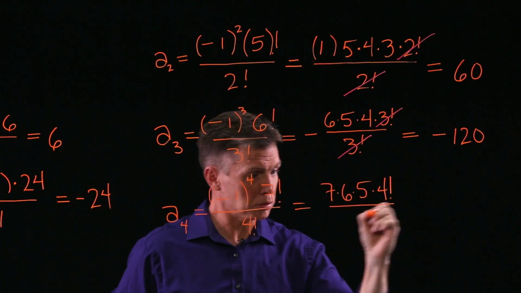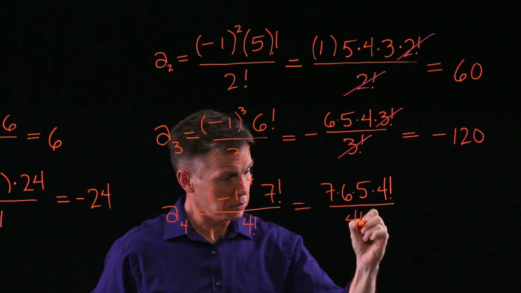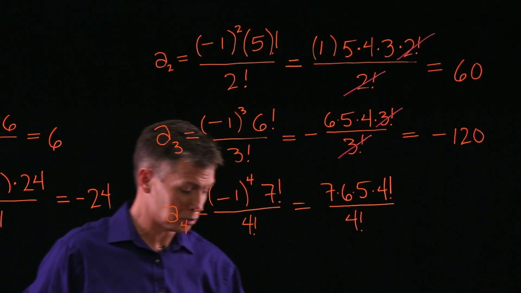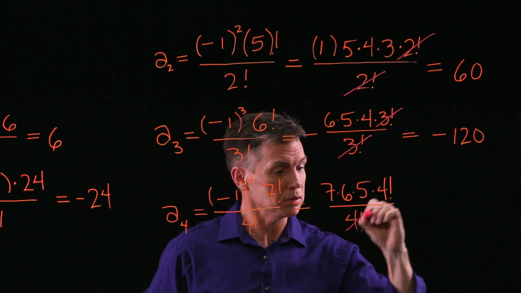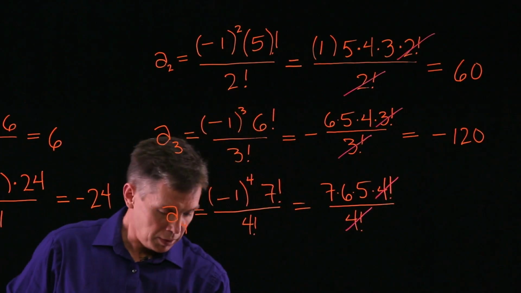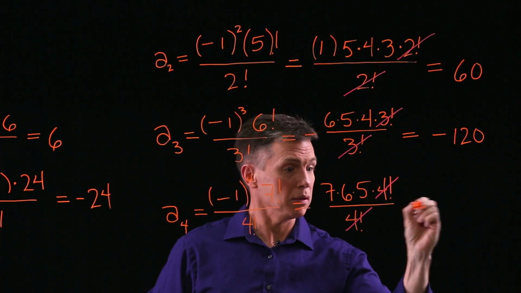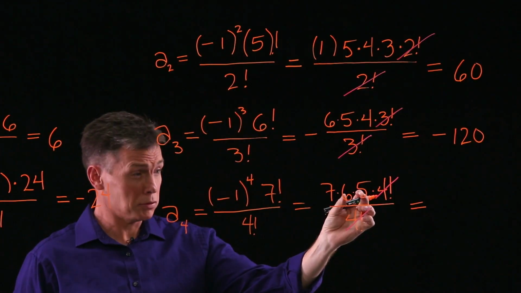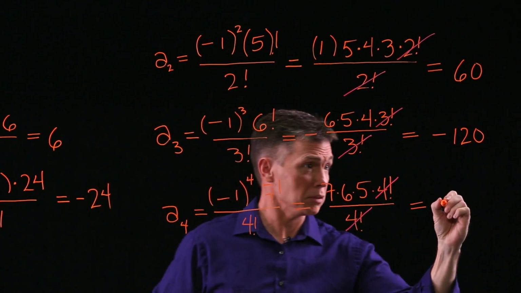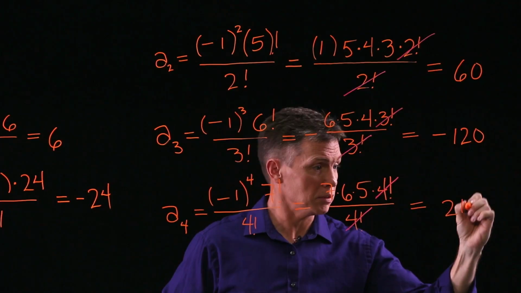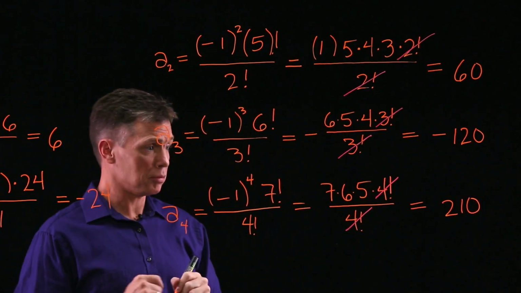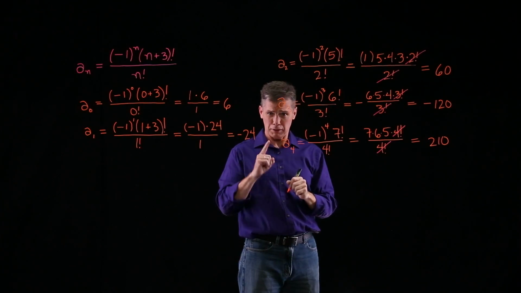I'll collapse into 4 factorial. So I can leave the denominator as 4 factorial and divide. And then 6 times 5 is 30, times 7 looks like 210. Positive, right? And that's it, I think.